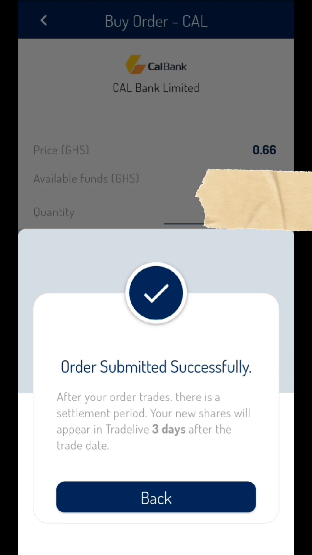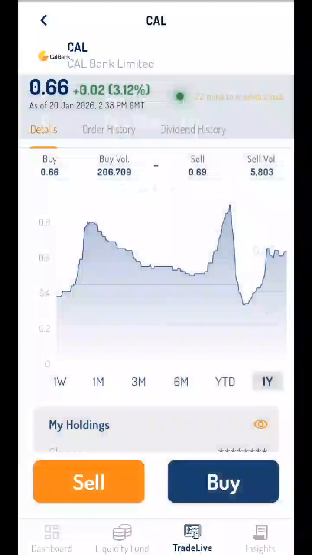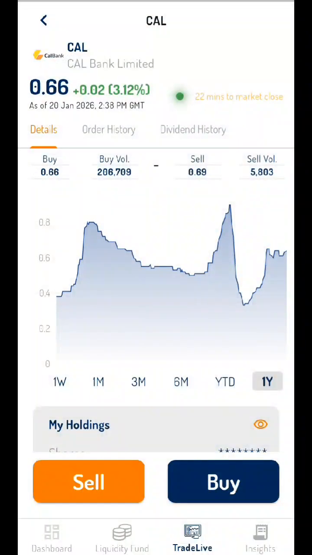The broker will find a match and then make sure the transaction is done successfully. Until then, your order will indicate processing in your order history.